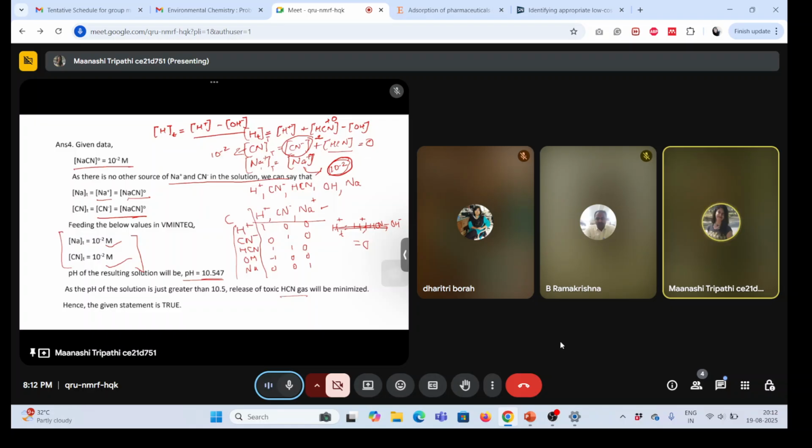So how should we go for this? We have Na and we have CN. We need just to calculate the H plus. HCN is coming 0, H plus and OH, and OH is Kw divided by H plus.